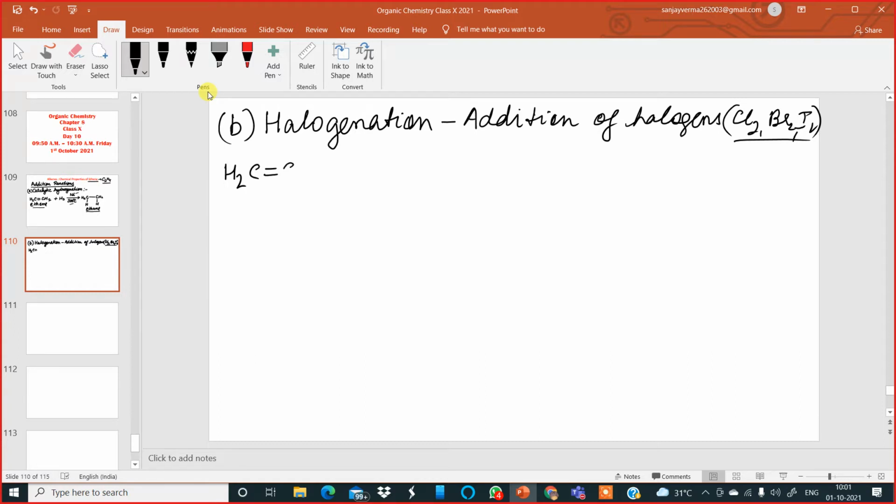H2C double bond CH2, that is the ethene.